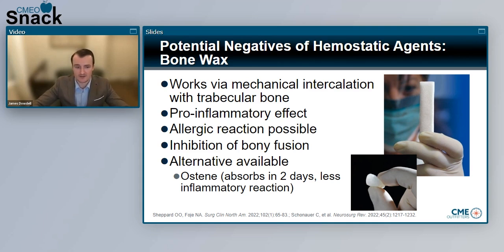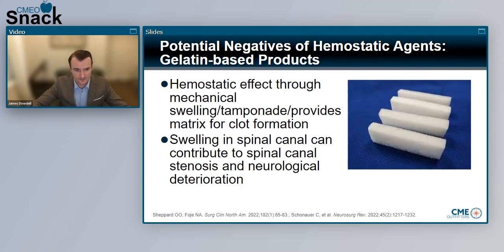People can react to this, and it creates pain. It creates wound complications. Not common, but it can happen. And in bony fusions, when we're doing spinal fusions like I do, bone wax can inhibit that. So I don't typically like to use it in situations where I'm doing a fusion. There's an alternative available called Ostene that absorbs quickly, doesn't inhibit fusion, and has less inflammatory reaction.